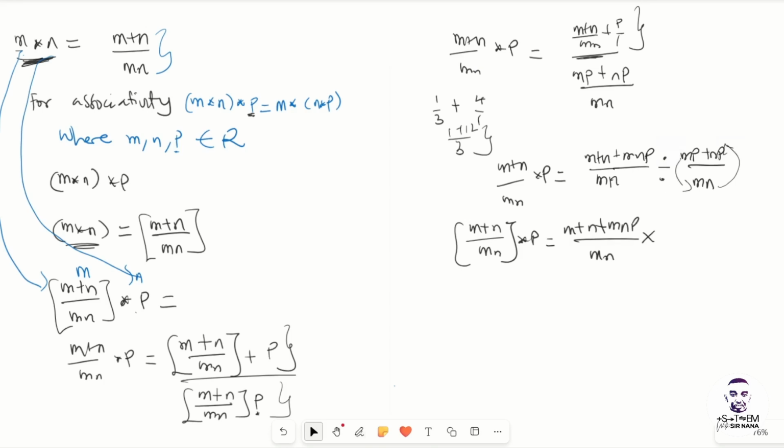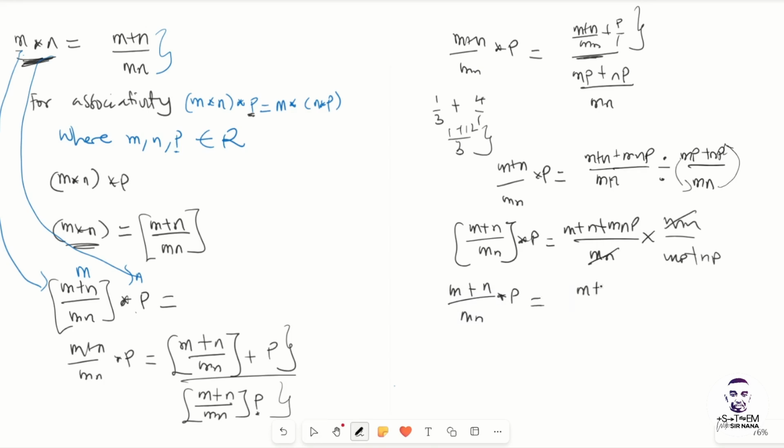This is something we do when we are dealing with division from our primary time to our JHS time, right? So you are going to have mn at the top all over mp plus np. So it means that our (m plus n all over mn) operation p will be equal to, this will cancel this.